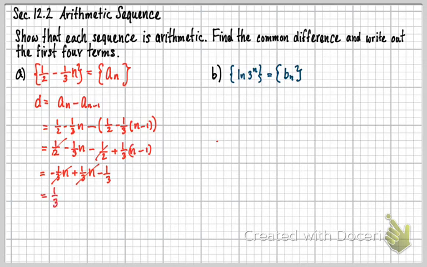Would you guys agree that 1/3 is a constant? That simply means that this would be an arithmetic sequence for that reason. Now if I had an n left here, that means it wouldn't be a constant anymore. It would change. So therefore it wouldn't be an arithmetic sequence. But since it is a constant, it is. So that's how we tell.